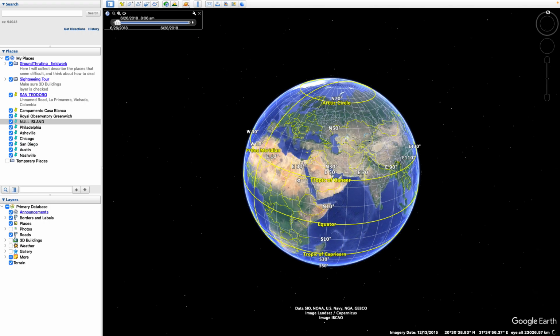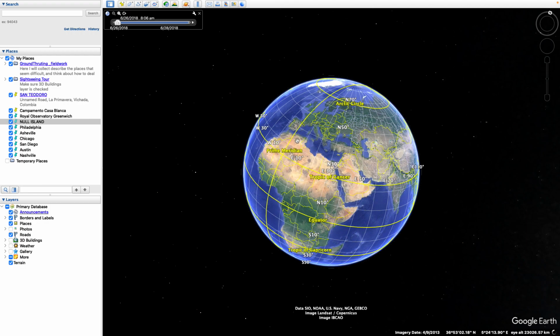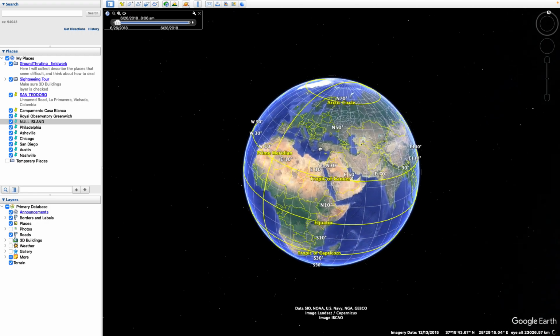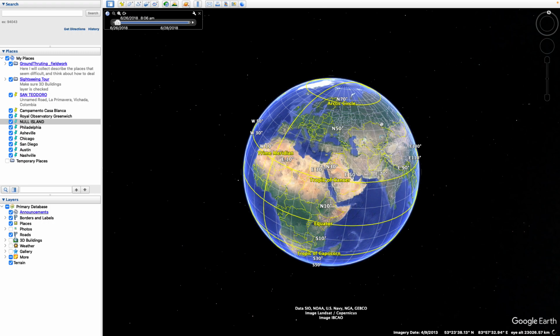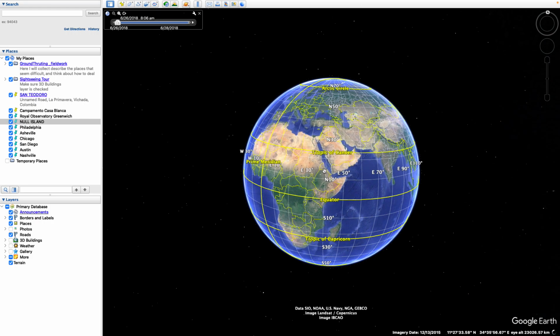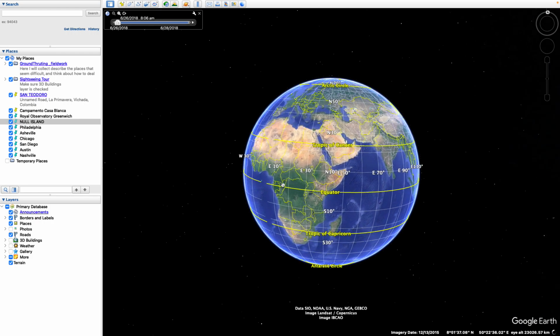So we have the Earth divided in four quarters. We can be in the northern hemisphere and the eastern hemisphere, which is basically most of Asia, Central and Eastern Europe, and a large chunk of Africa.